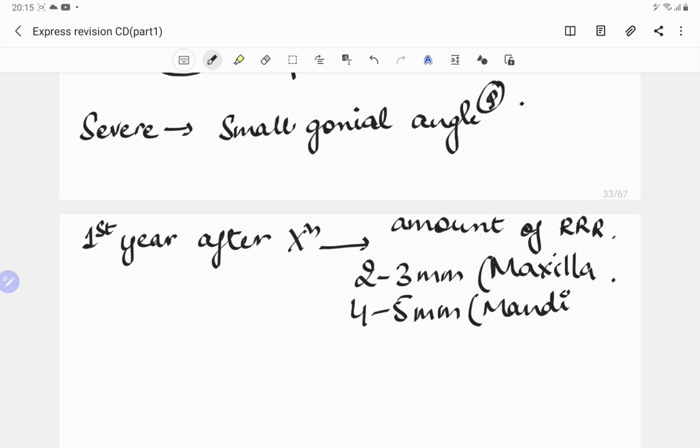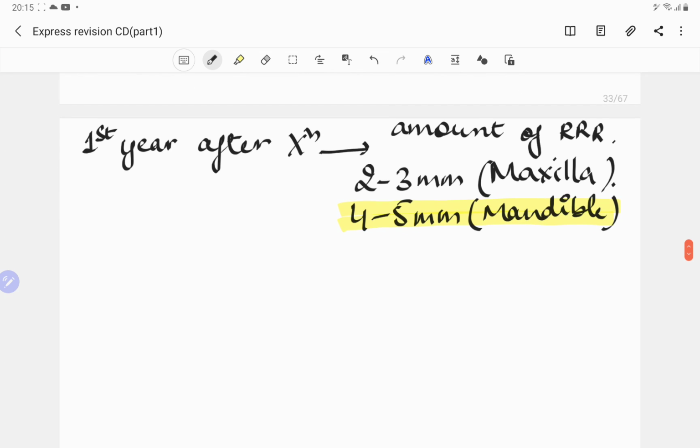That means if you have done the CD cases, you must have seen that there is going to be resorption of the mandible more than the maxilla. So in the first year after the extraction also the mandible ridge resorption is more. Later on stages also the mandible ridge resorption is more.